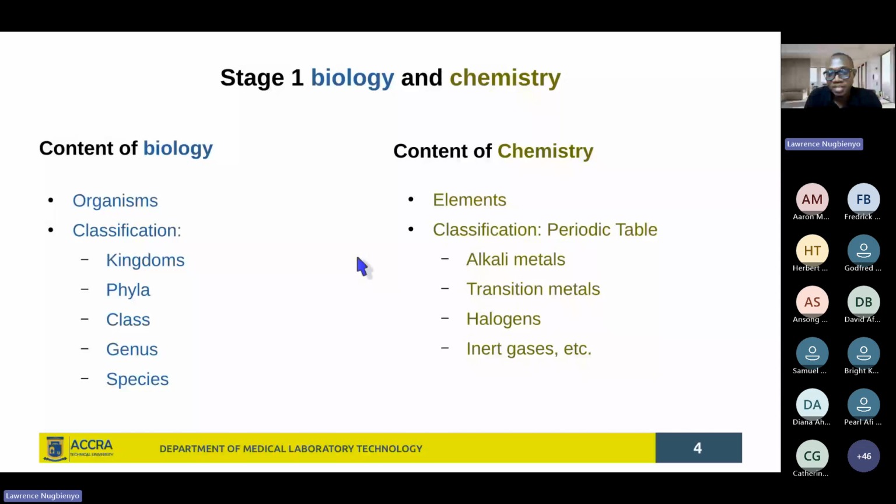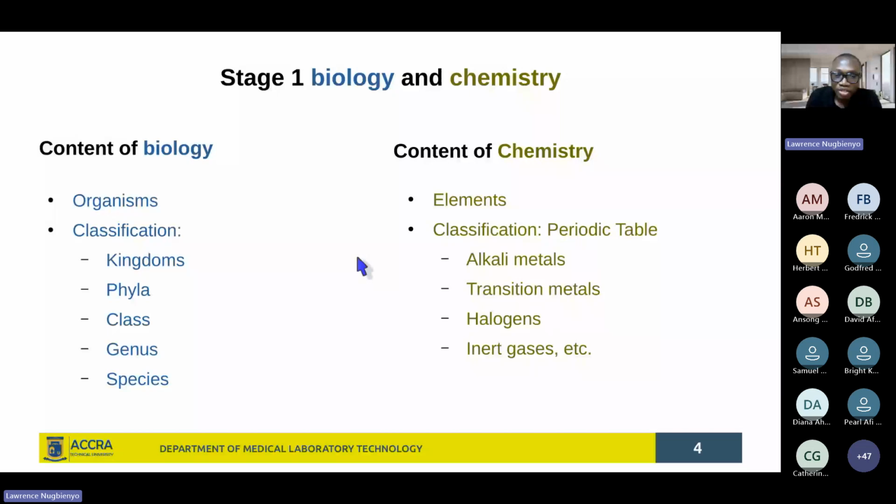The living things, you usually refer to them as living organisms. Now, if you take just living organisms, at the first stage, what you do is you want to classify these living organisms. Are they animals? Are they plants? The fungi. So you have what you refer to as classification.